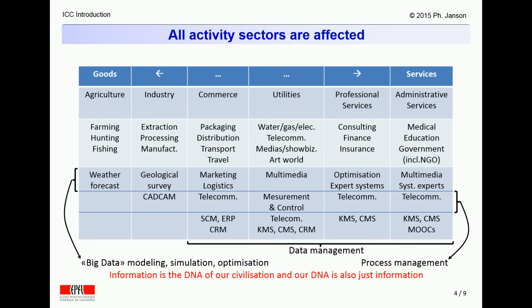Finally, all sectors depend on these technologies to model, simulate, and optimize their operations by monitoring and exploiting so-called big data, i.e. the huge volumes of information that are posted online every day. Today, information is the DNA of our civilizations, while our own real DNA itself is nothing but the detailed information for sustaining life on Earth.